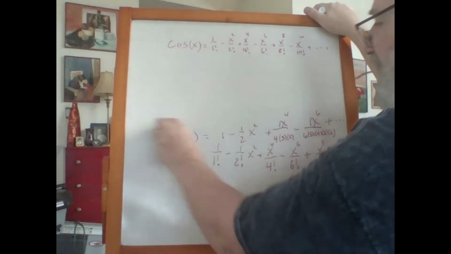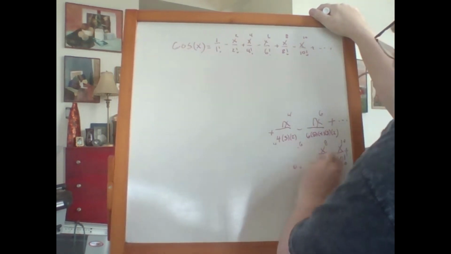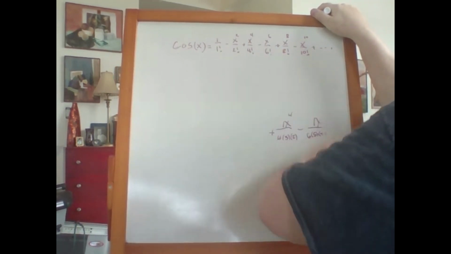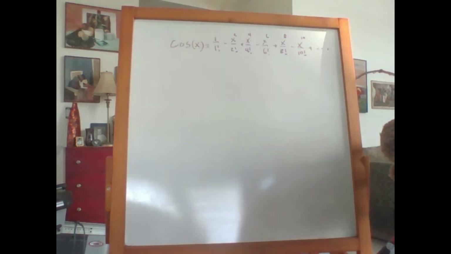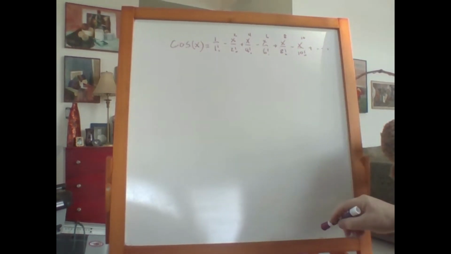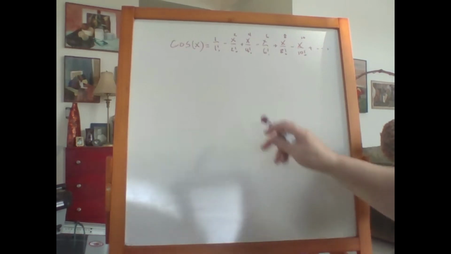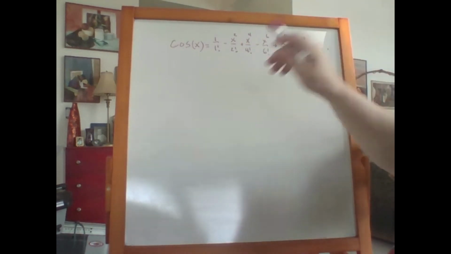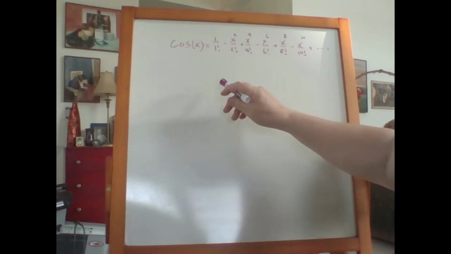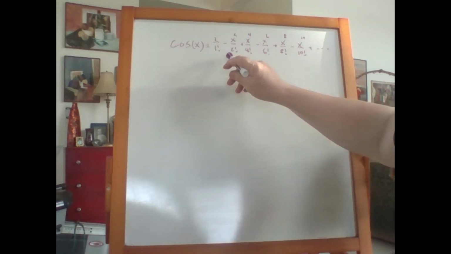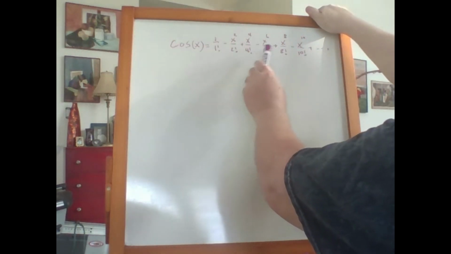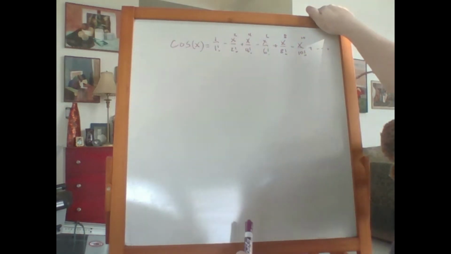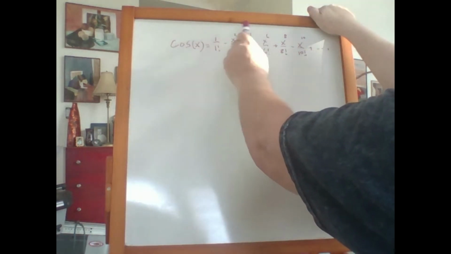Now we can consolidate this into a more compact form that allows us to write this even more concisely, as a summation. Notice that the bottom terms are even number factorials. The powers are even.